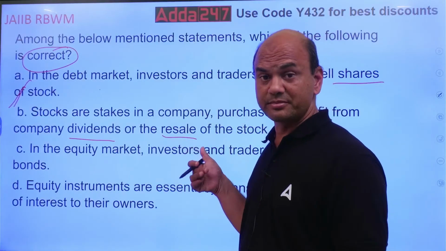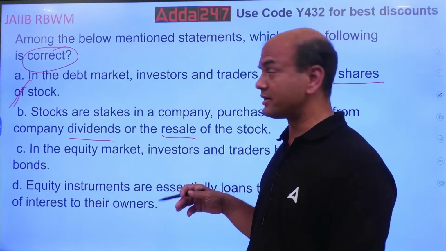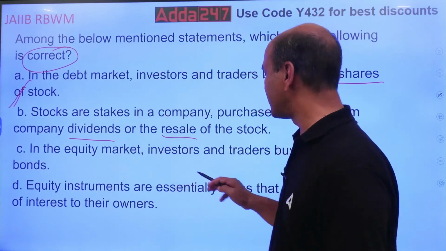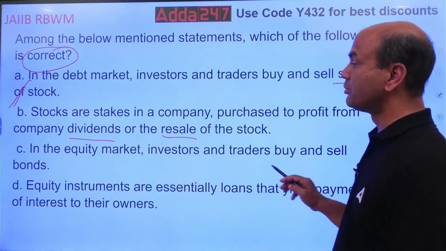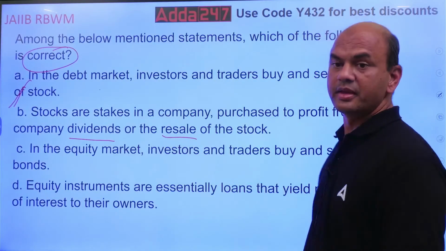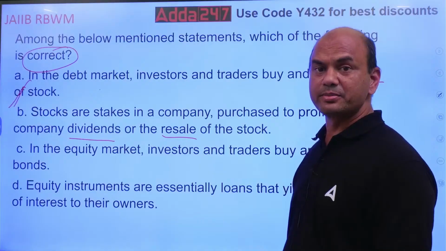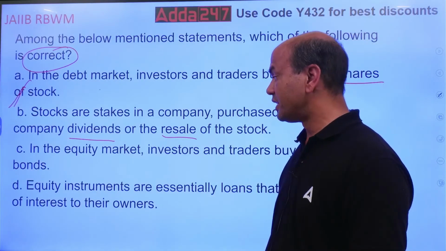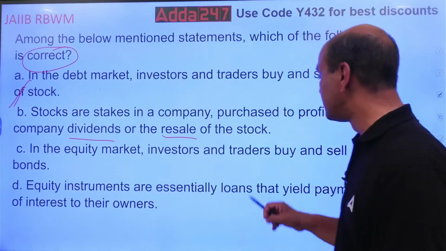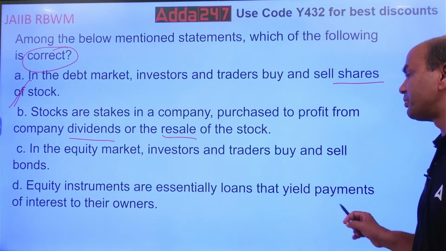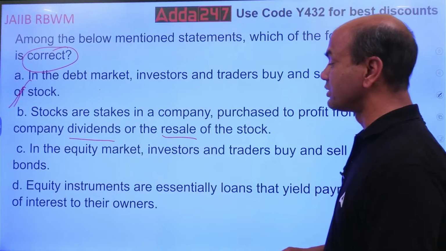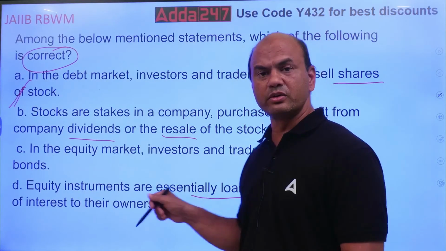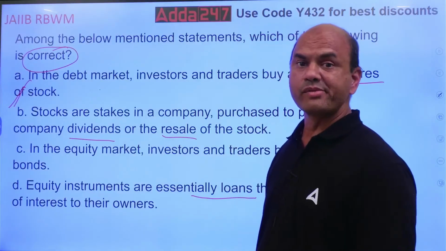Is it the same? I want a correct answer from your side. In the equity market, investors and traders buy and sell bonds. In equity markets, do the investors buy bonds or something else? Equity instruments are essentially loans that yield payments of interest to their owners. So these are loans. Equity is a loan. What is it?